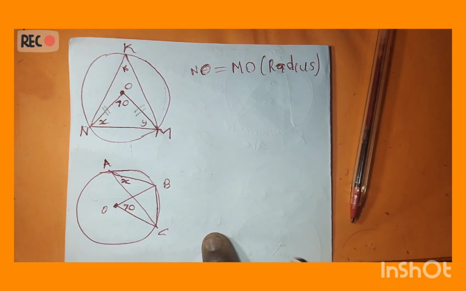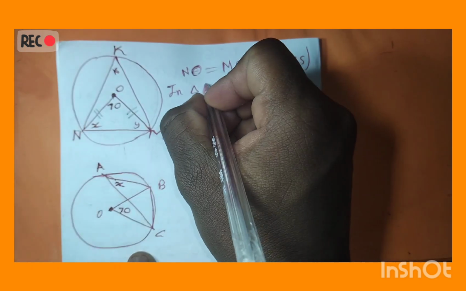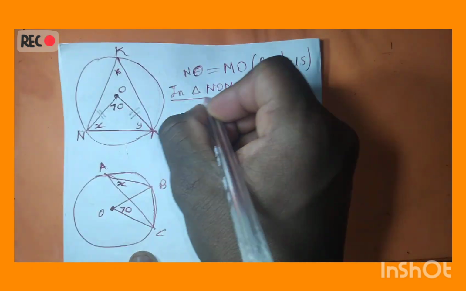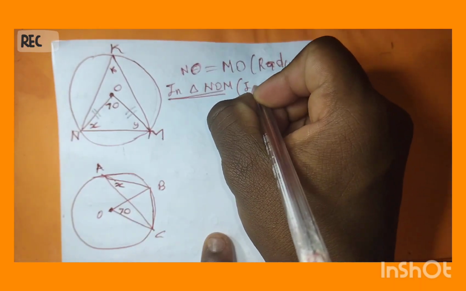Now I can say that in triangle NOM, this triangle, guys, is what you call an isosceles triangle.